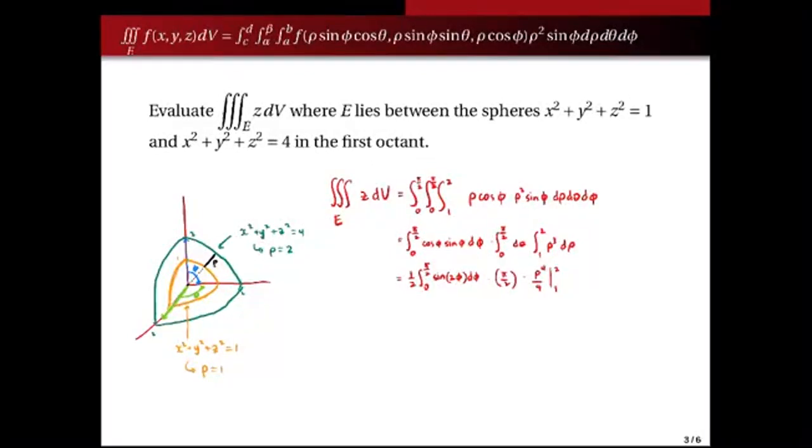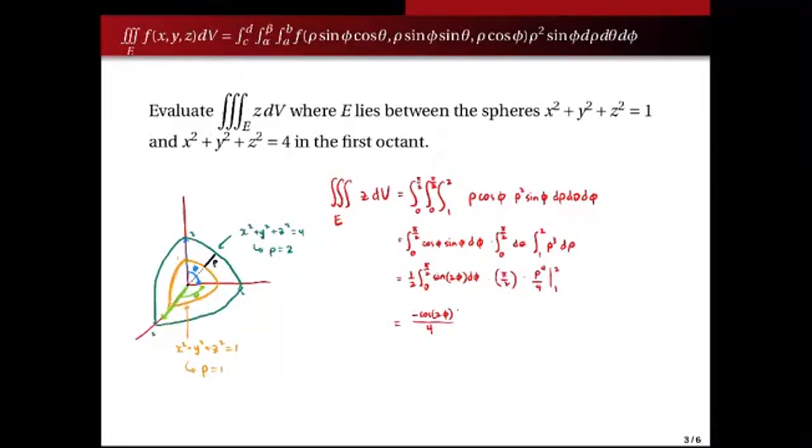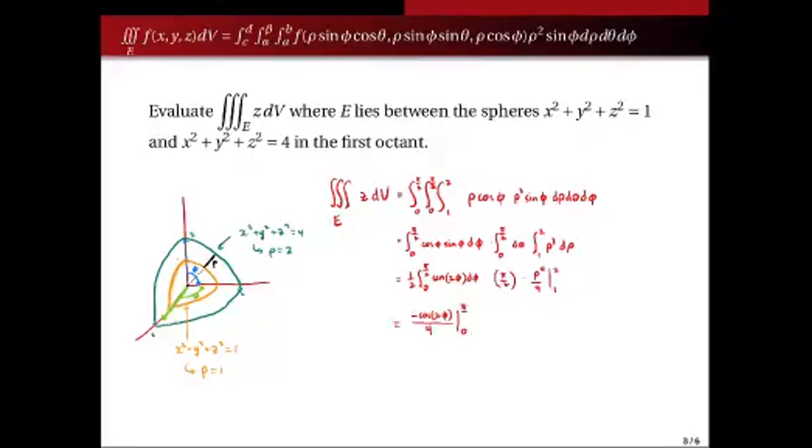And this one, if we integrate, you will have negative cosine 2 phi over 4, then you evaluate this from 0 until pi over 2. Then you still have your pi over 2 there. And in here, you will have 2 to the 4 over 4, that's just 4, then minus 1/4.